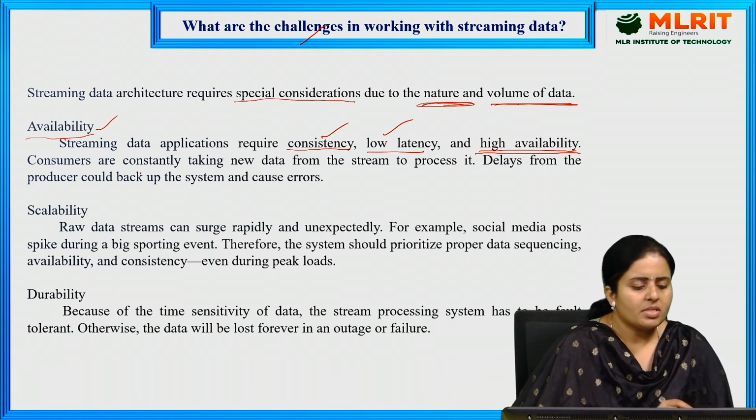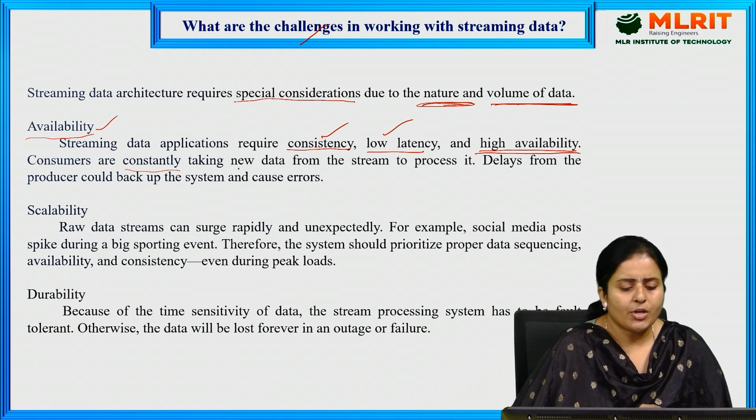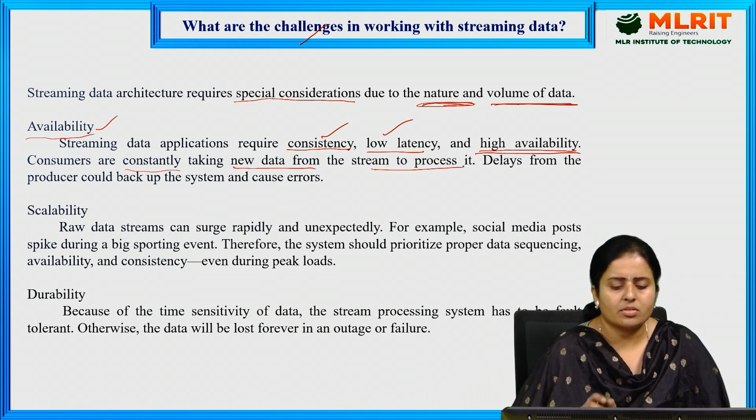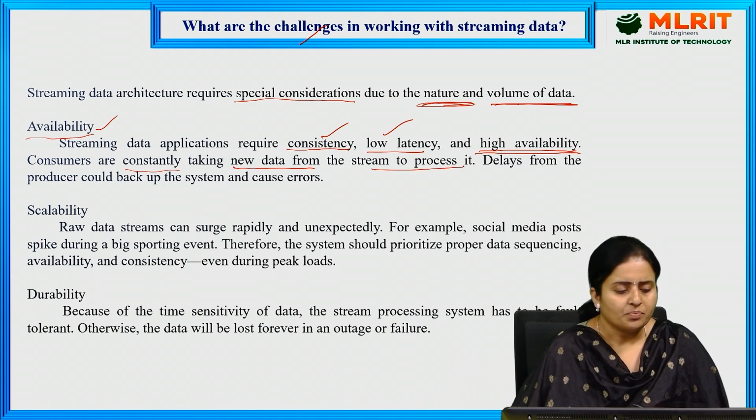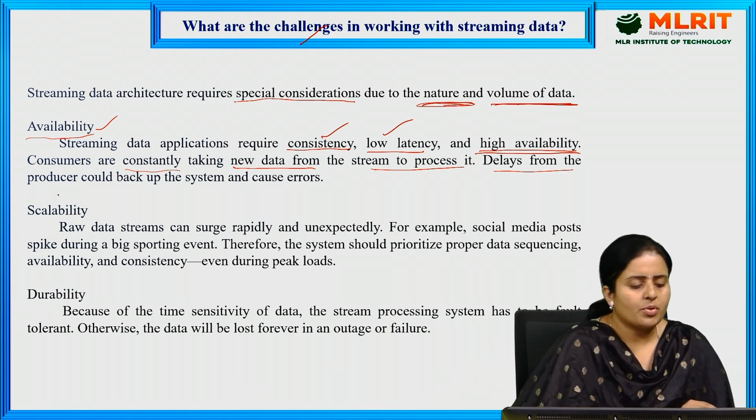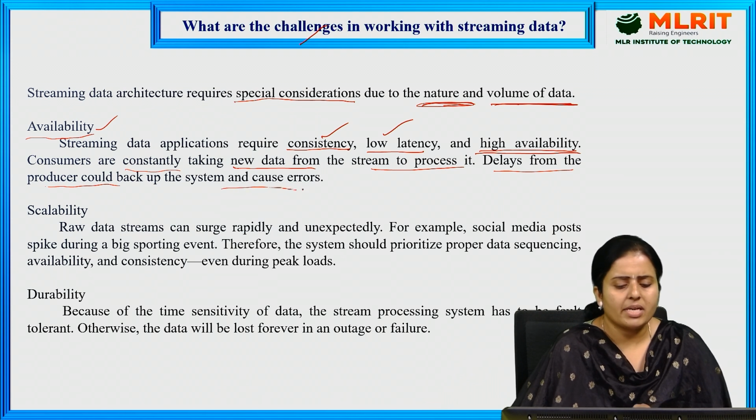So consumers are constantly taking new data from the stream to process it. New data is accumulating through a pipeline for processing. Delays from the producer could back up the system and cause errors.